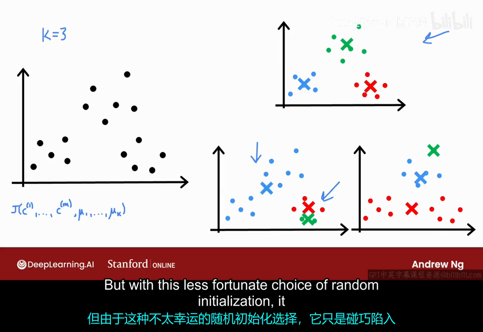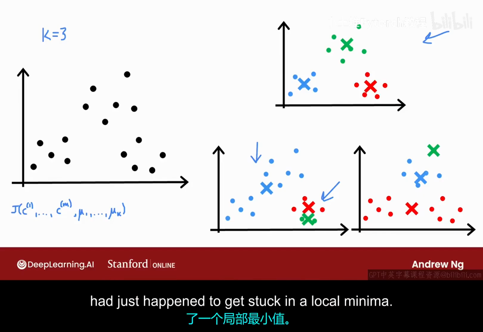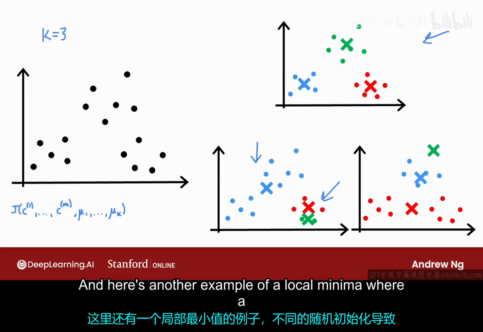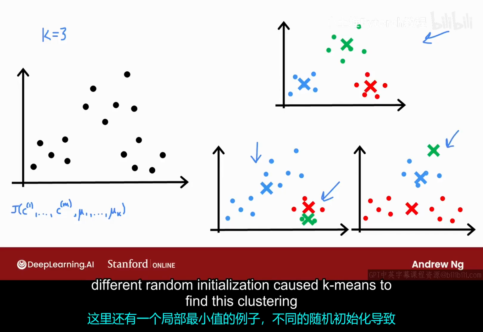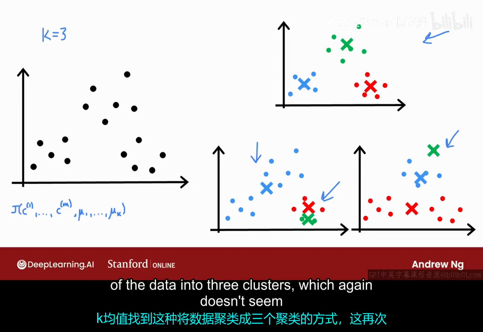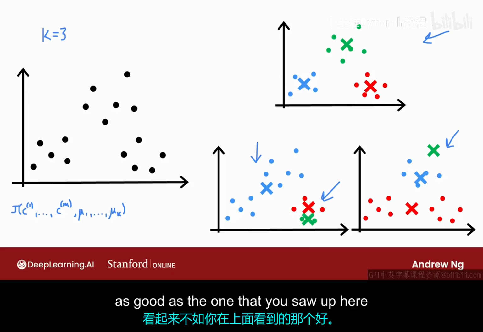But with this less fortunate choice of random initialization, it had just happened to get stuck in a local minima. And here's another example of a local minima, where a different random initialization caused k-means to find this clustering of the data into 3 clusters, which again doesn't seem as good as the one that you saw up here on top.